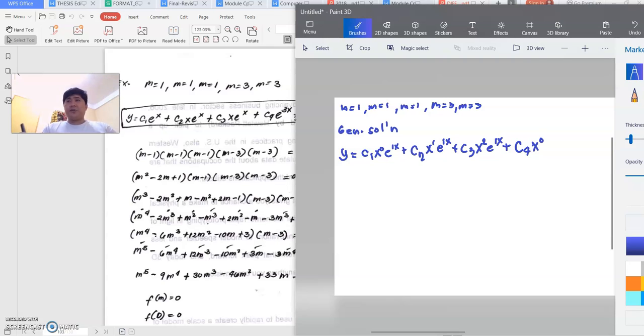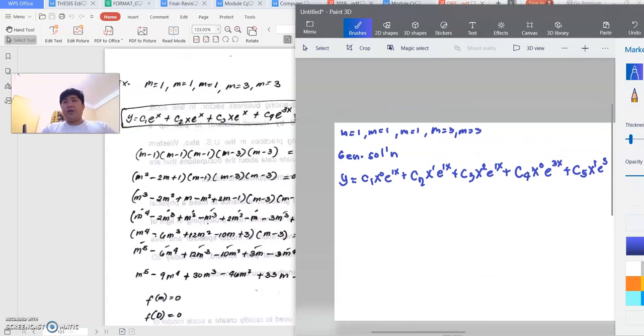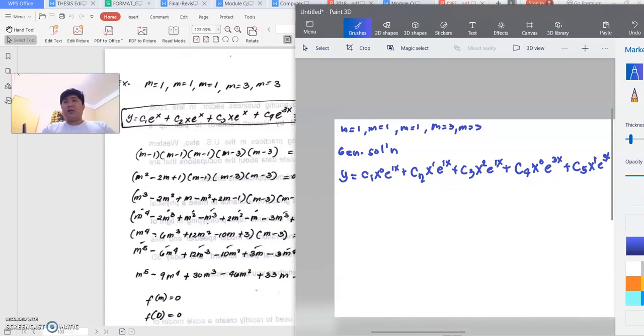So, back to 0. So, e raised to the power of the root, which is 3x, plus c sub 5, x to the 0. No, sorry, not 0. That is 1 because it's already the second. Then e raised to the power of 3x.